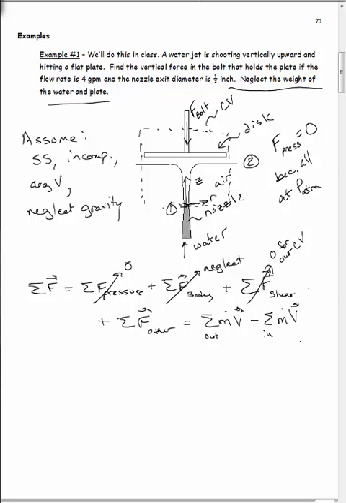Remember, this is a vector equation, so what we really need to do is split it up into its components. So let's look at the z direction. That's our most important direction here.